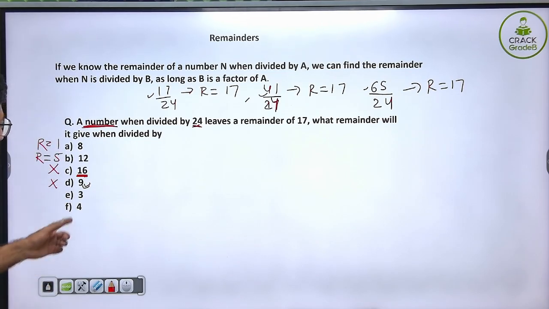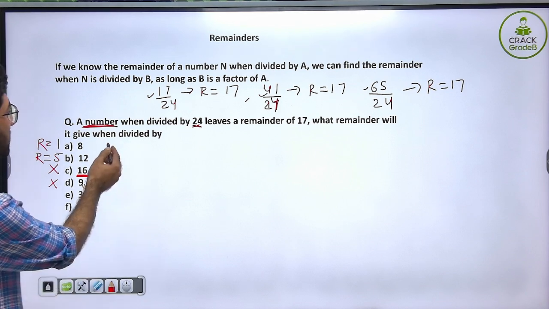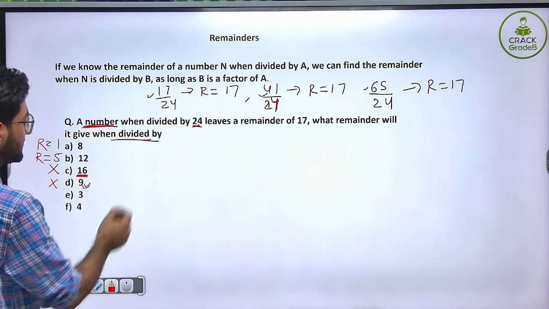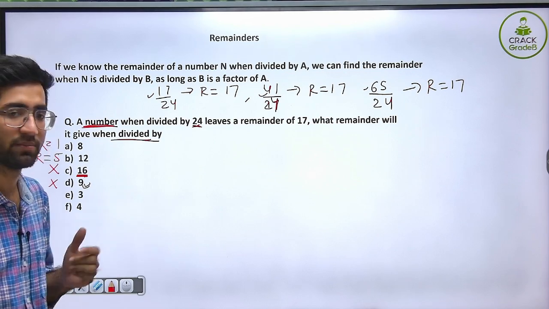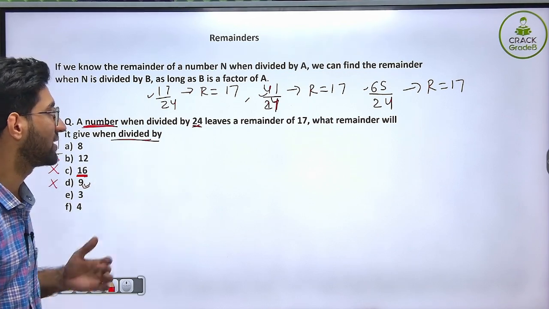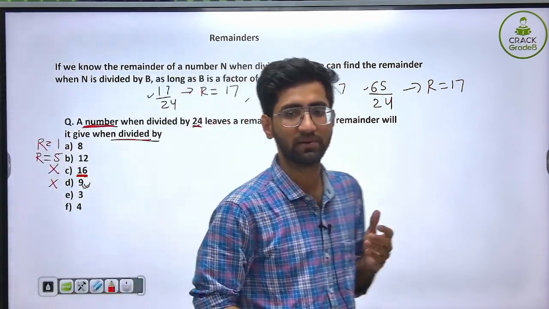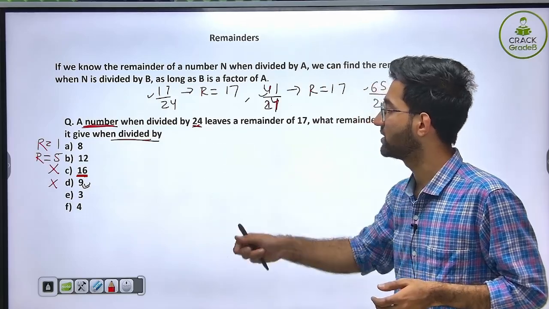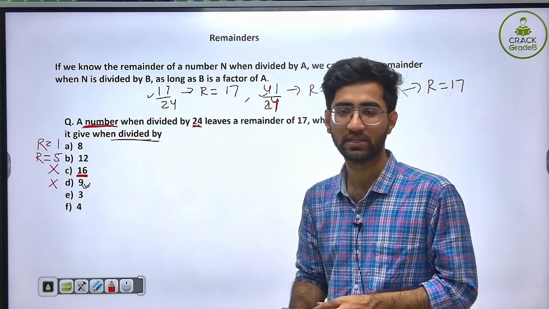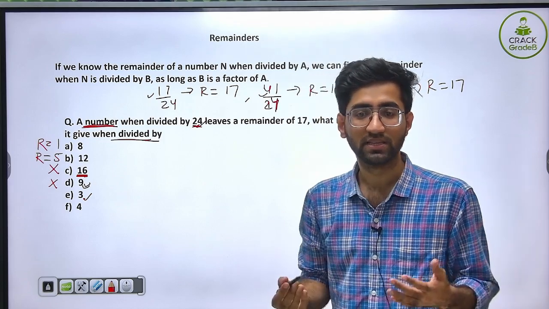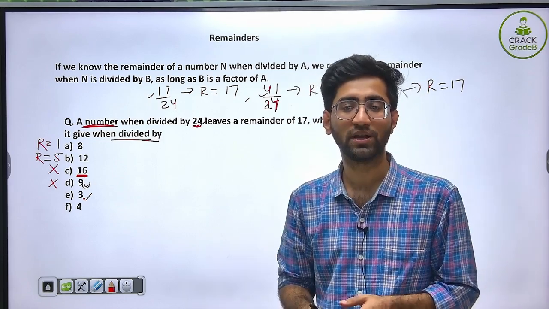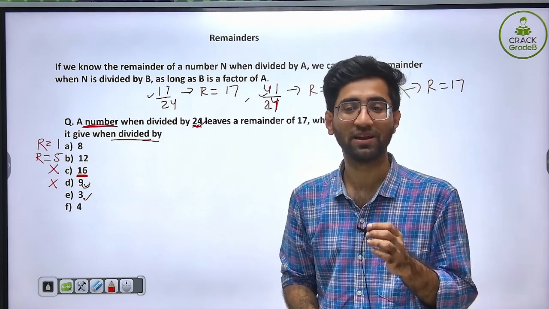Now let us look at E, that is 3. The question is a number when divided by 24 leaves a remainder of 17. What remainder will it give when you divide it by 3? See, this 3 is a factor of 24, right? It means you can answer.